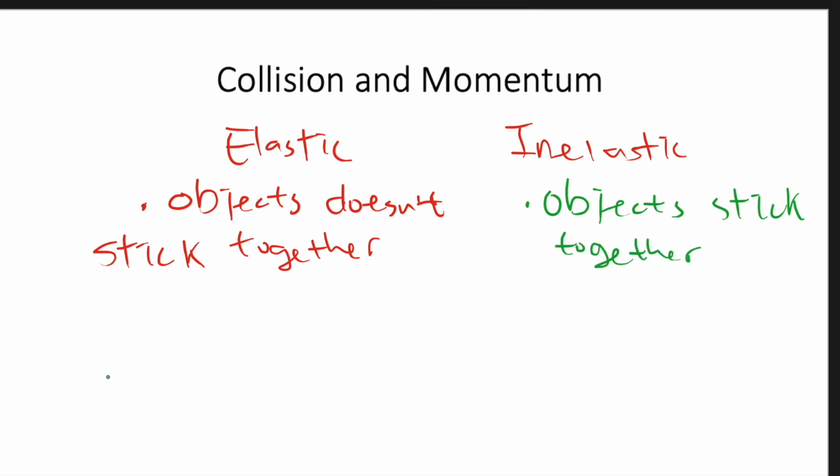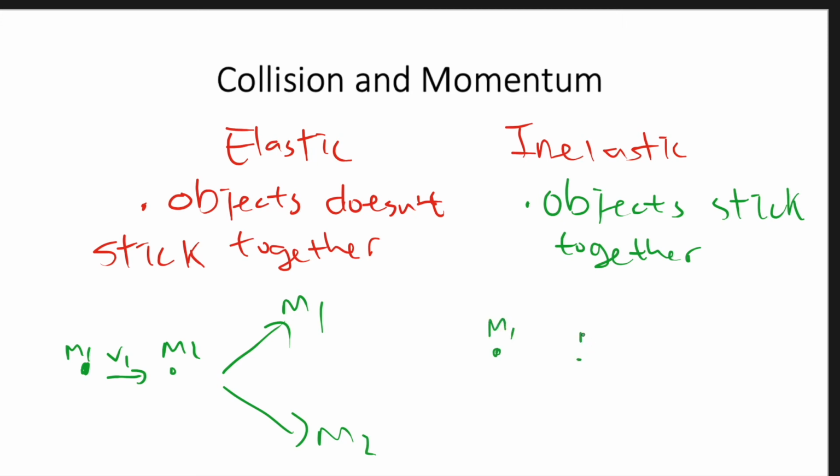For example, here is object 1, M1, and here's object 2, M2. They're traveling with the speed of v1, and then they collide. In the elastic case, object 1 might travel in this direction and object 2 in this direction. But for inelastic collision, M1 and M2 are traveling at a speed of v1, M1 collides with object 2, and then it becomes something like this. This is M1, and this is M2. They stick together and travel at a velocity of vf.